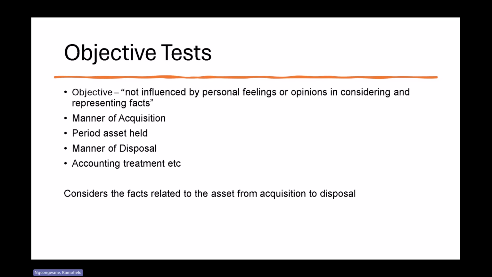Here's a receipt. It's a fact. I've disposed of this through a sale after holding this asset for 5 years. Those are facts that can be determined. Those are objective tests that can be applied to any asset, or any transaction, to determine whether it's included in gross income or whether it's considered to be of a capital nature.